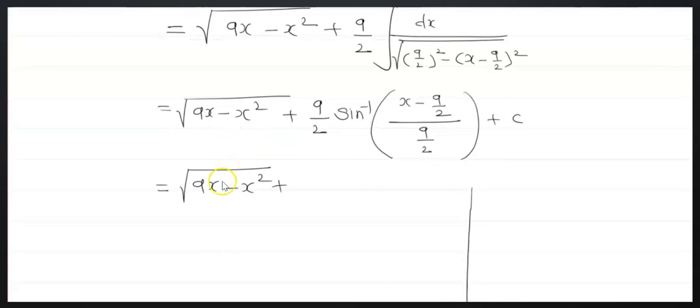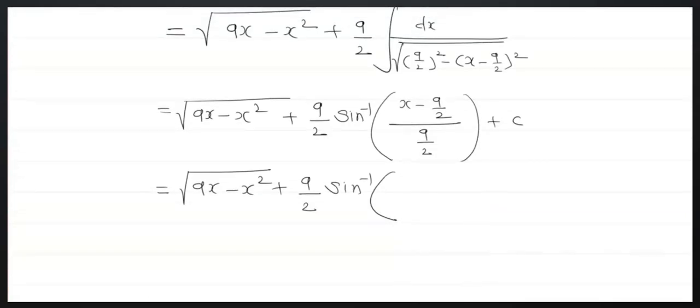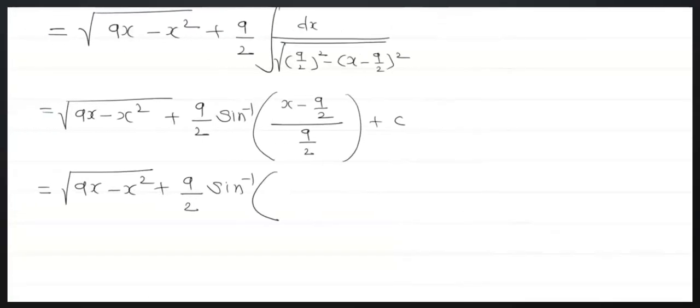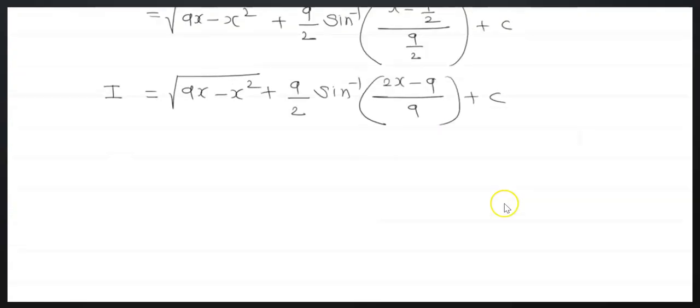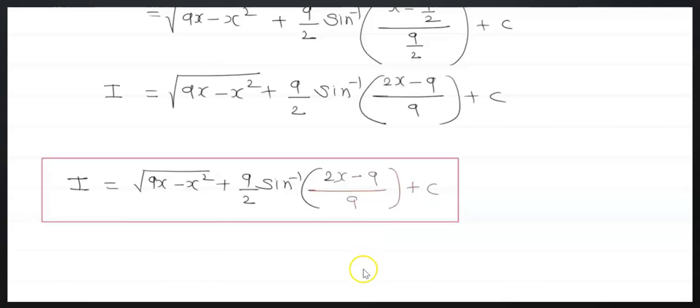That is root of 9x minus x square plus 9 by 2 sine inverse of 2x minus 9 upon 9 plus c. Root of 9x minus x square plus 9 by 2 sine inverse of 2x minus 9 upon 9 plus c. This is the final answer.